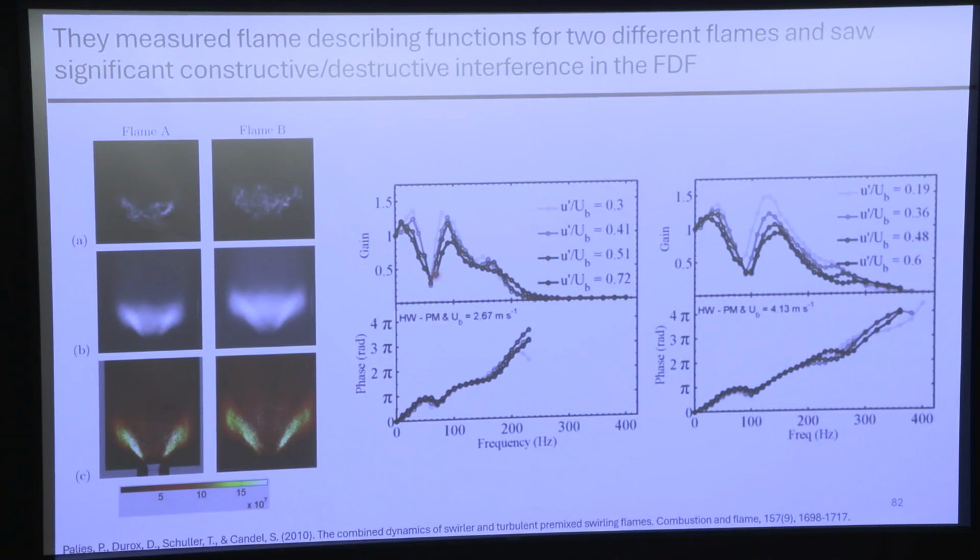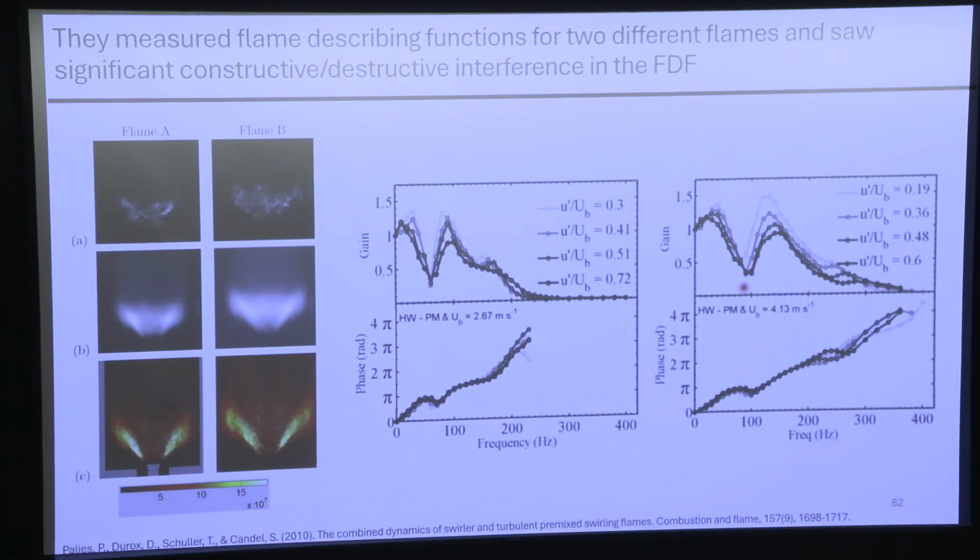You can see that the antinode, the node, and then the antinodes differ in frequency space depending on the length of the flame. Here this is a lower velocity flame, and this is a higher velocity flame. And we saw that with Nick's work: you increase the mean velocity, you end up with a higher frequency for your node.